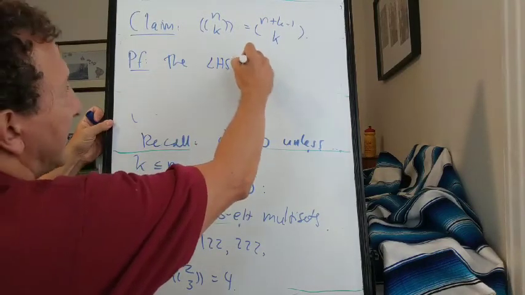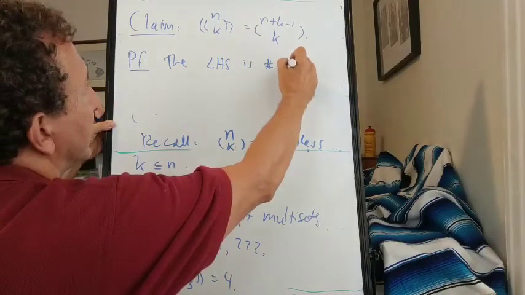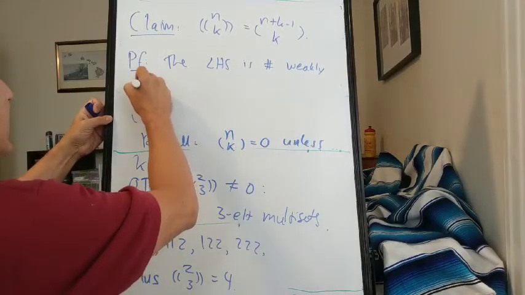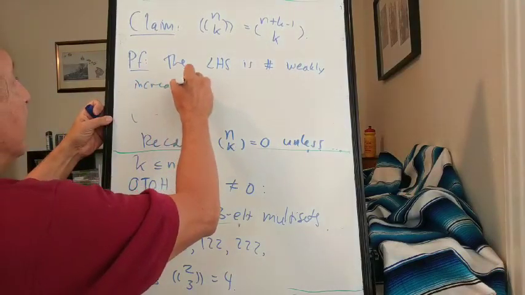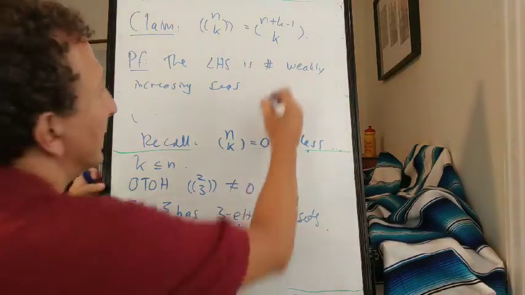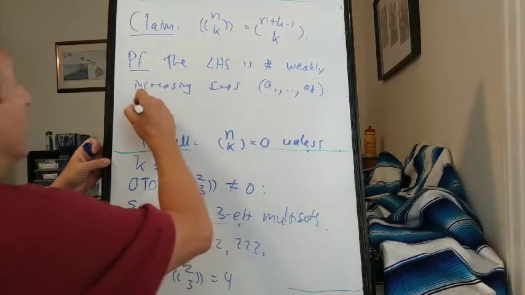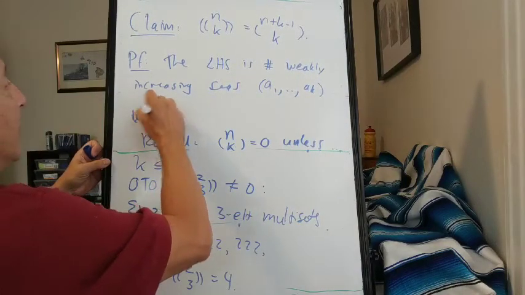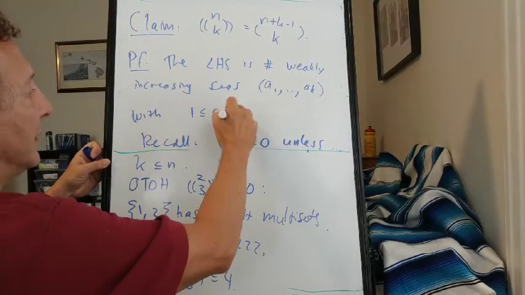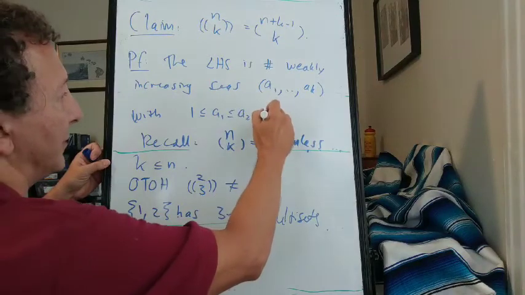The left-hand side is the number of weakly increasing sequences A1 through AK, with A1 at least 1, and then every number is at least as big as what came before it.